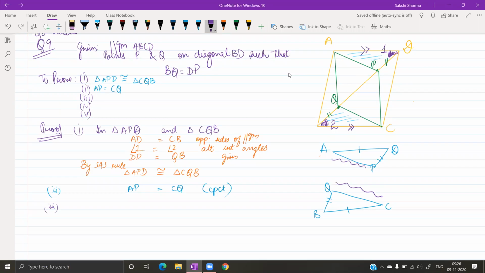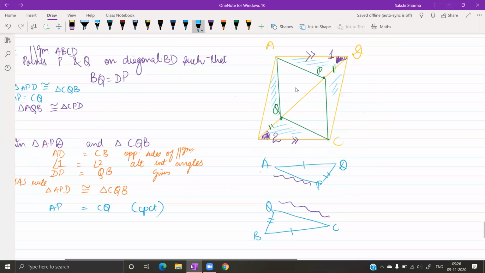Third part, you have to prove the congruence of triangles AQB and CPD. Now, these are the triangles on the opposite sides. Let's mark in the figure here. So these two triangles. This will also be done exactly like the congruence in the first part.